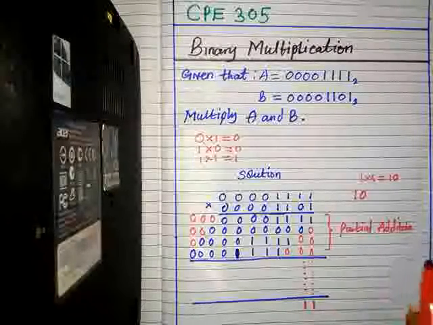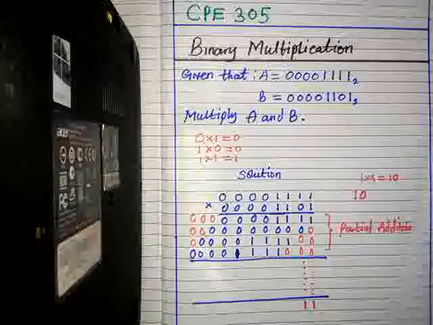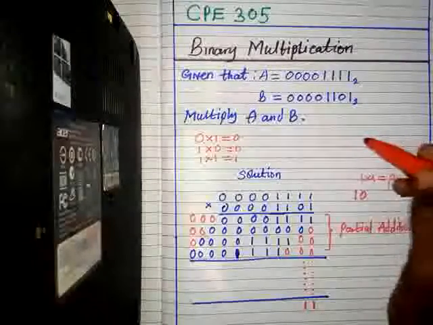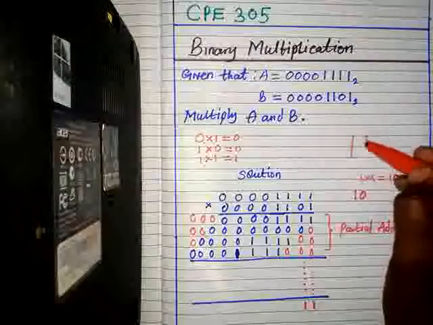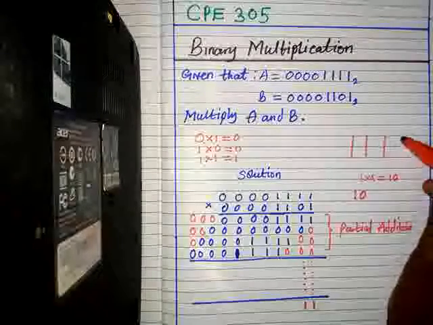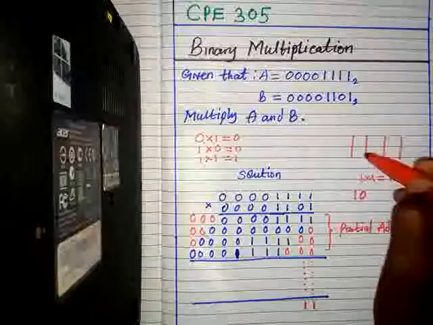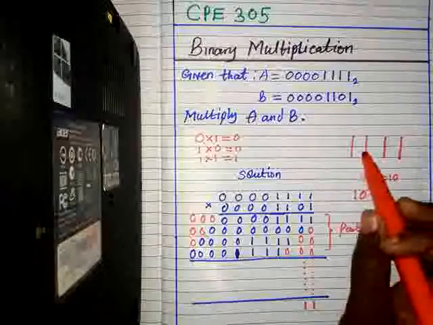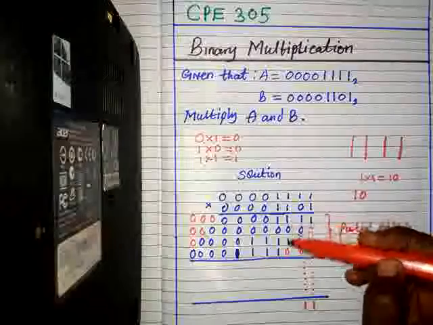But there is a concept here. For example, I'm having 3 columns, which is 1 2 3, like this. Okay, so each column represents a set of binary number.